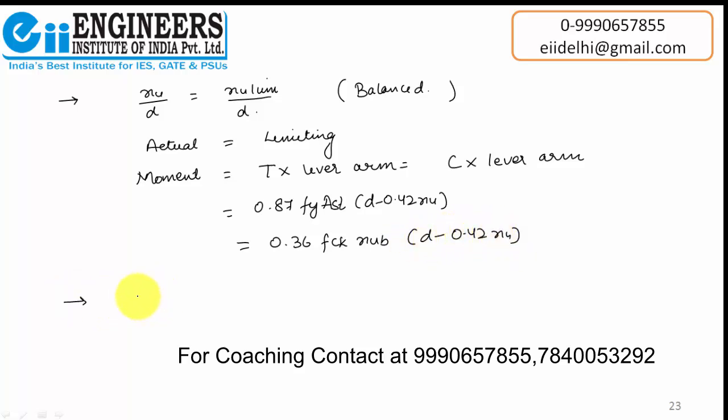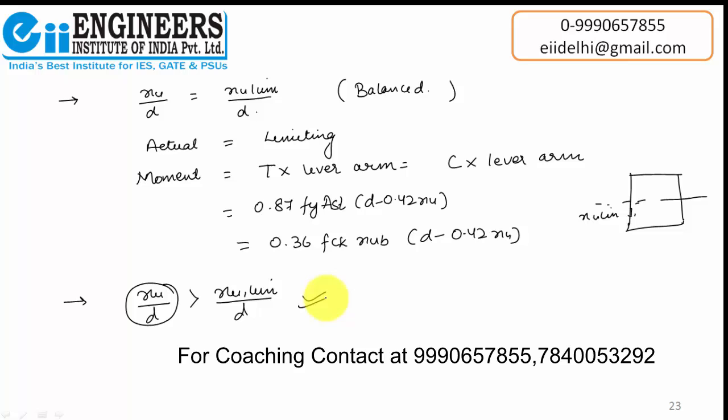Now what happens when XU by d is greater than XU limiting? Because we have said that the neutral axis cannot go beyond the limiting value. If this is the limiting value, then the neutral axis can never go beyond this value. So what will we do if this condition arises? We have two methods.